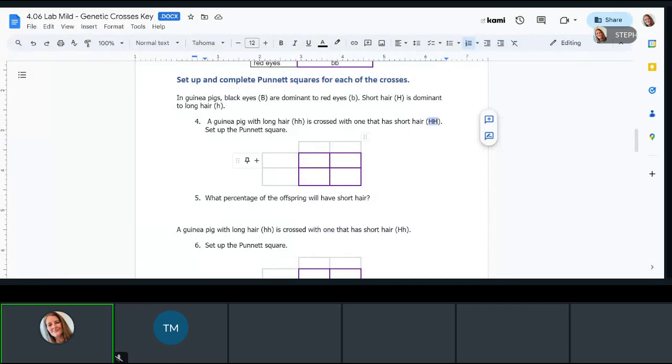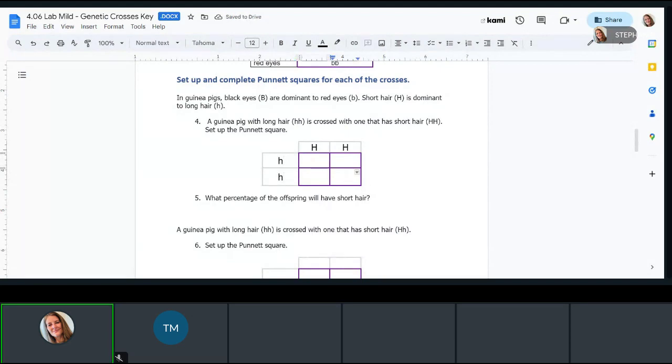Okay, so one parent goes in these squares, here and here, and one parent goes in these squares, and then we just match them. We go down and across. So if we put one parent here, big H and big H, that's one parent, and the other parent is little h and little h.